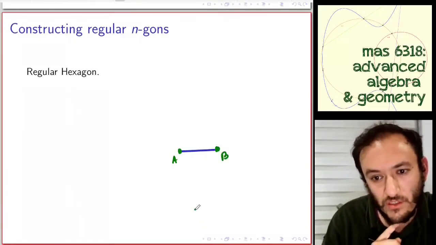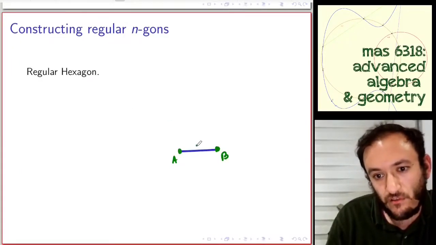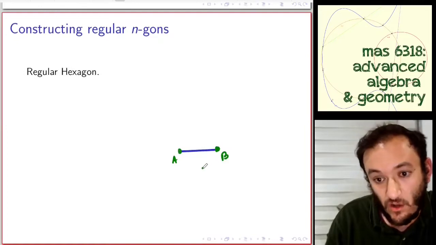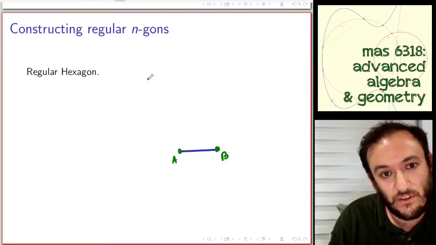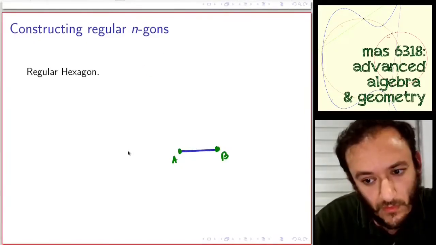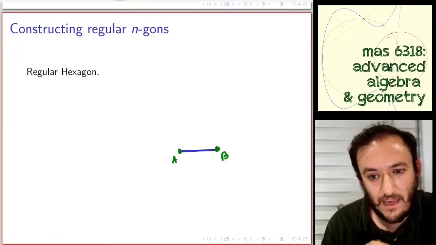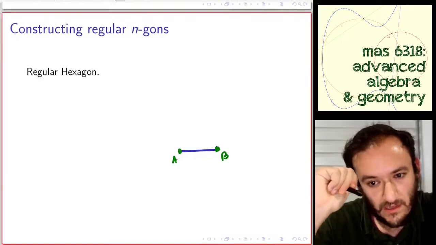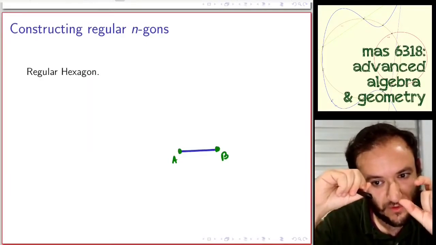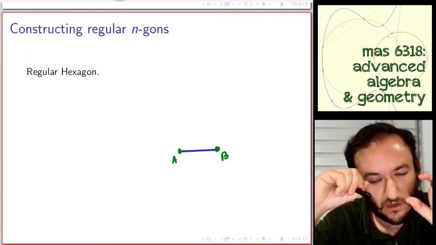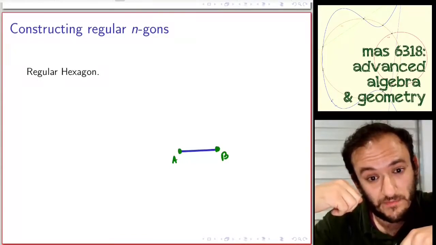And how can we construct the hexagon? Well, I think the idea of having these edges sit on a circle was useful for us with the square. So let's try and do something similar. A trick that we'll use for the regular hexagon is that if you look at the center of a hexagon and you take the center together with two corners on an edge, those 3 points form an equilateral triangle.